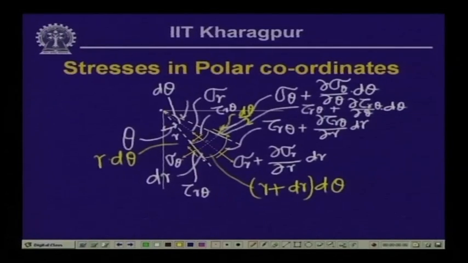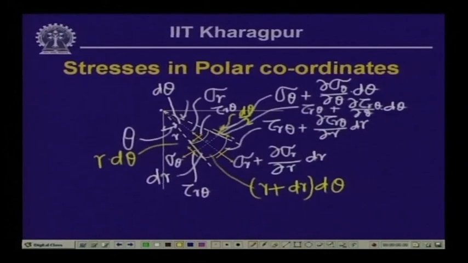If we assume the thickness of this element perpendicular to the plane of the board as unit, then the area of this surface is r plus dr d theta multiplied by 1, and this multiplied by the stress will give the force on this plane. Similarly, the force on this plane will be sigma r multiplied by r d theta times 1.